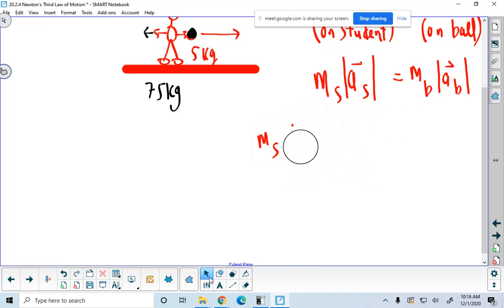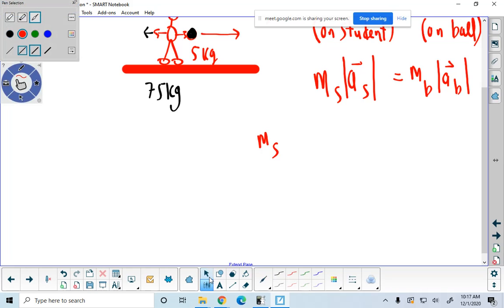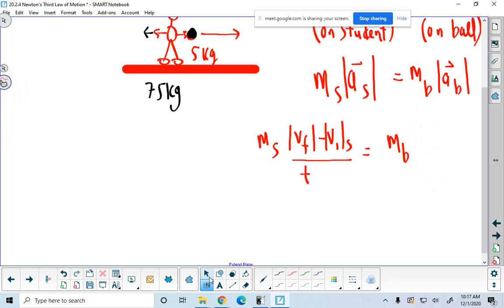We're going to have vf of the student minus vi of the student over t. And then over here we have the mass of the ball, and then we're going to have vf minus vi of the ball over t. And here's the thing that's important.